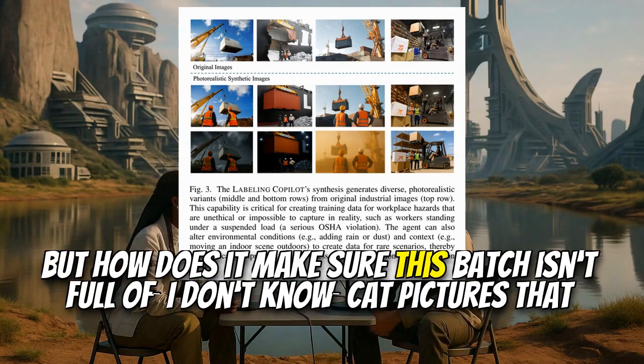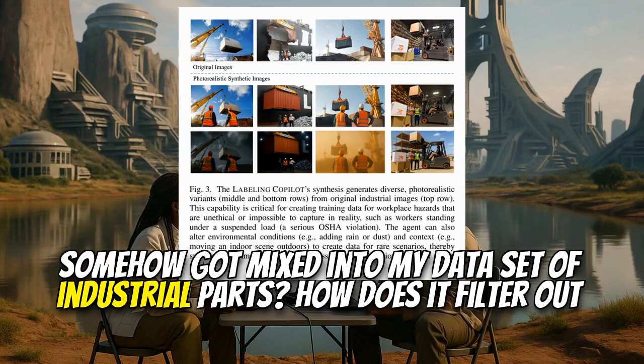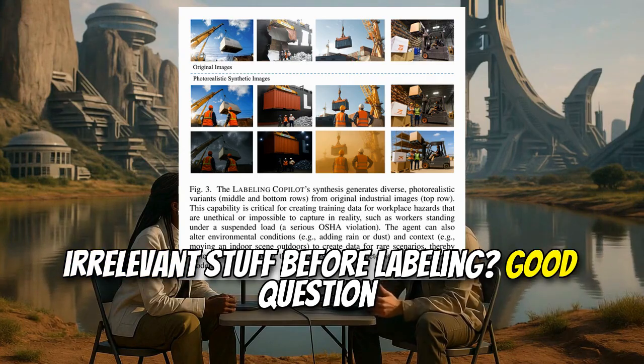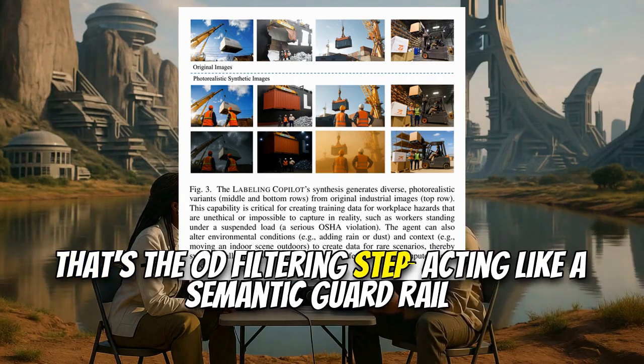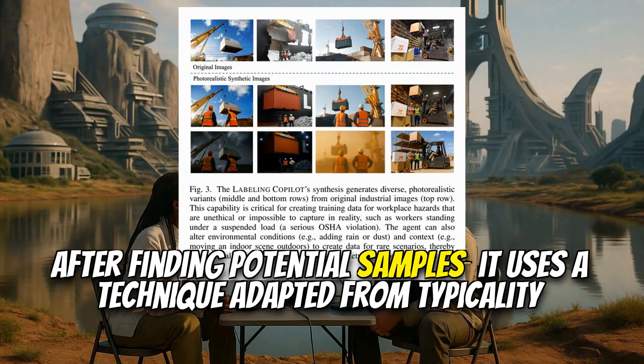Okay, so Calibrated Discovery finds a diverse, informative batch efficiently. But how does it make sure this batch isn't full of, I don't know, cat pictures that somehow got mixed into my data set of industrial parts? How does it filter out irrelevant stuff before labeling? Good question. That's the OOD filtering step, acting like a semantic guardrail. After finding potential samples, it uses a technique adapted from typicality estimation.